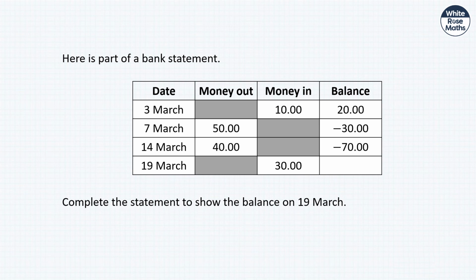So I'm going to do minus 70 plus 30. So negative 70 plus 30 is the same as saying 30 subtract 70. Either way will give you the same answer, which gives you minus £40, or minus 40.00. That would go inside there.